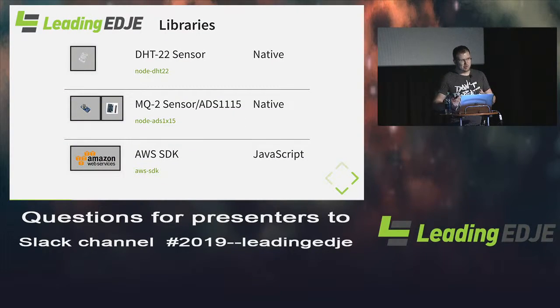So the thing about Node is, while a lot of the Node libraries you might run into or use in your projects are actually just JavaScript, you can have native libraries. These are libraries that actually have some kind of C or C++ hook into the Node V8 runtime, and then can, of course, depend on whatever else you want on the system.